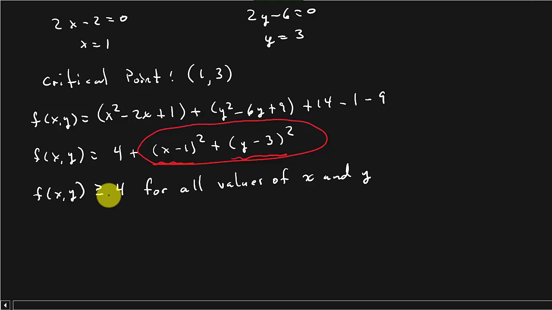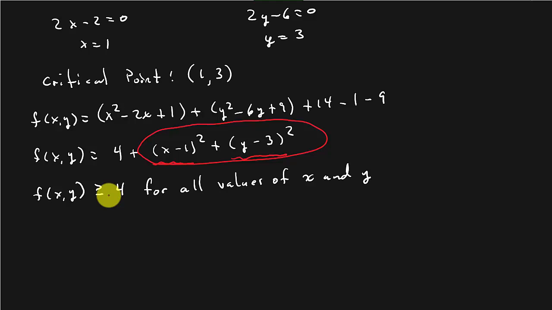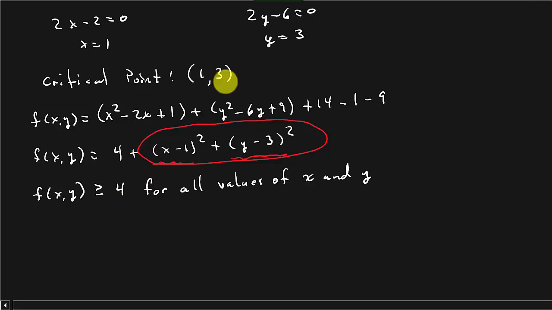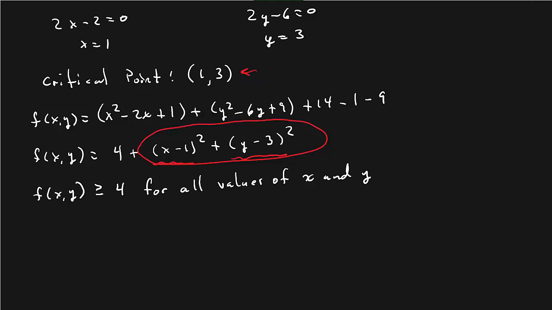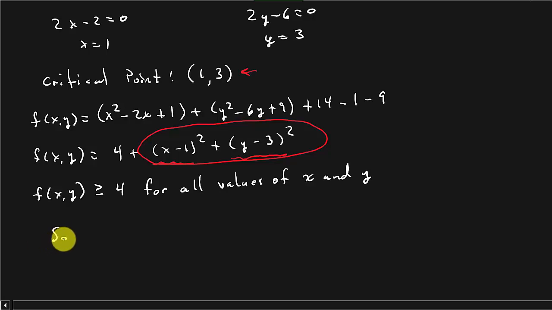Okay, so all the values that we plug in are going to be greater than or equal to 4. And the only point that's going to give us a 4 is the point (1,3). You see that? So from that, we can say that f of (1,3) is a local minimum.